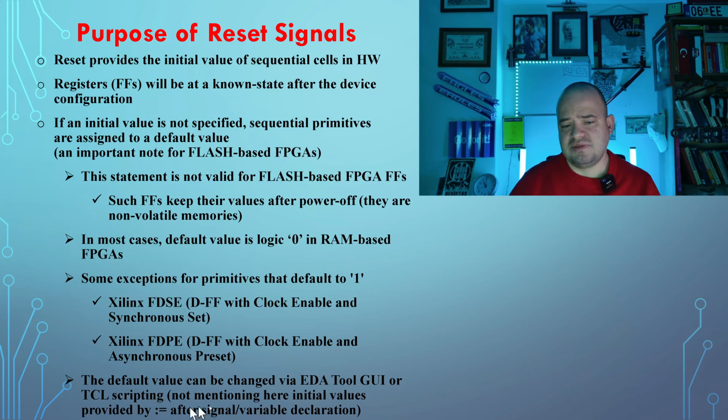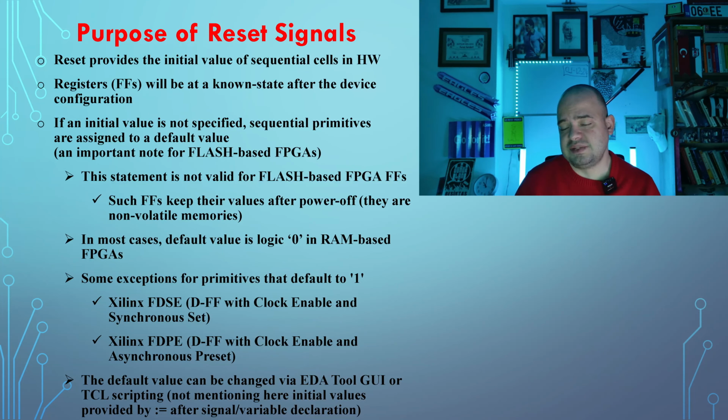But the last bullet was regarding that you can change these default values for RAM-based FPGAs. They are not supposed to be 0 all the time. If you would like to have a register with, let's say, walking zeros at the beginning, thinking that it's a vector, you can make it not walking zeros but a 1 0 1 0 1 0 kind of vector.